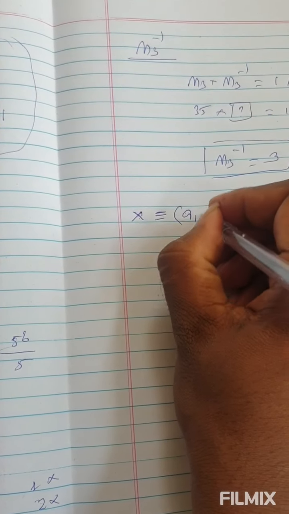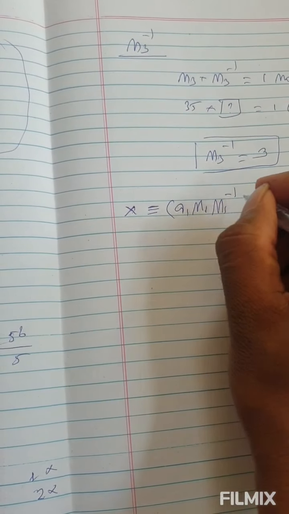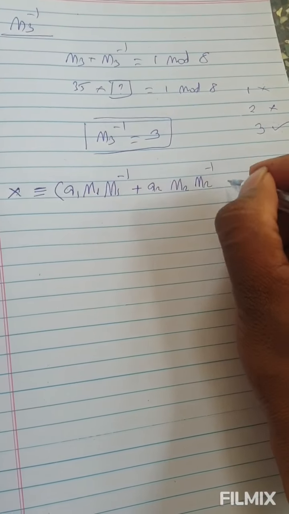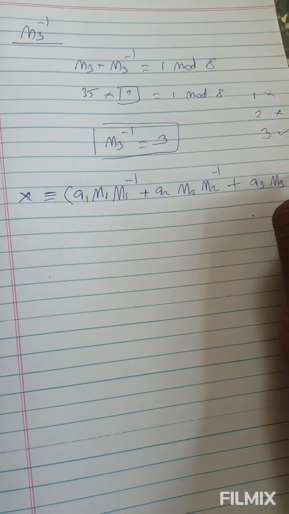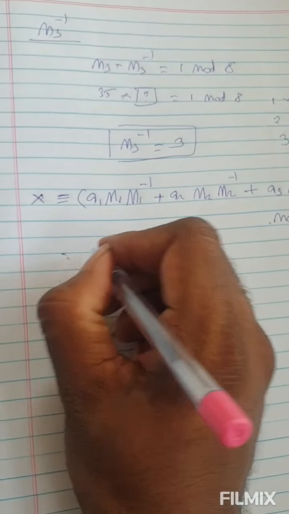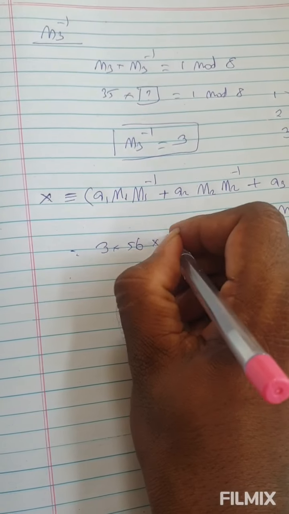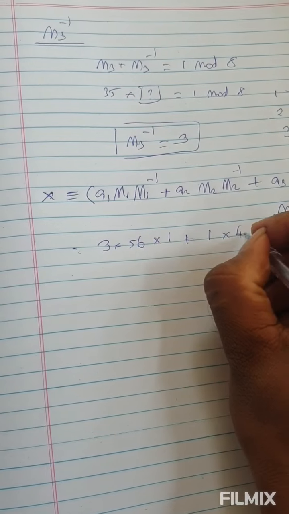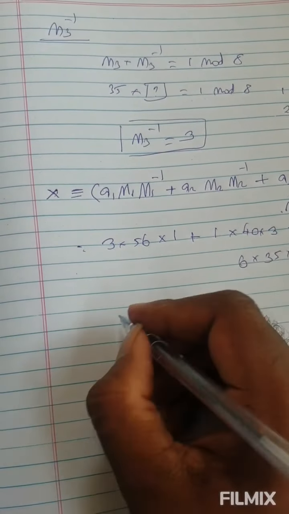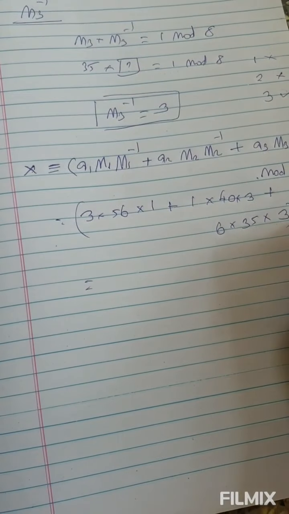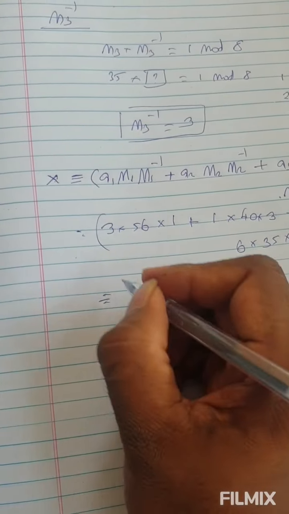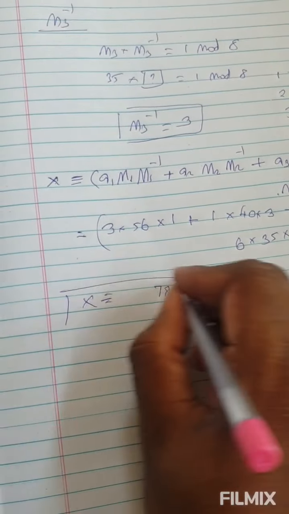That one is A1 capital M1 capital M1 inverse plus A2 capital M2 capital M2 inverse plus A3 capital M3 capital M3 inverse, mod capital M. So 3 into 56 into 1 plus 1 into 40 into 3 plus 6 into 35 into 3, divided by mod M. By using the calculator we get the value of 78. So the x congruent value is 78.